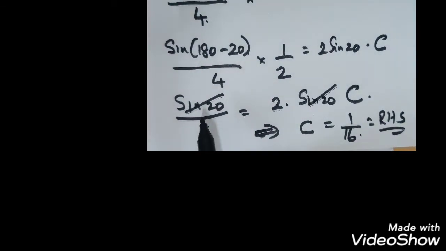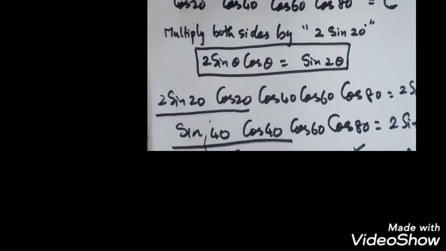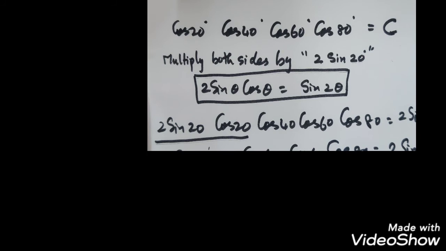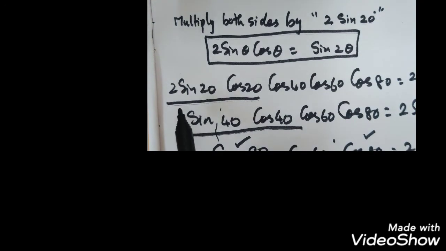So the reason we call it a catalyst method is because in the beginning there was no sine 20 at all, and you notice that we multiplied both the sides by 2 sine 20. We introduced sine 20 as our catalyst so that it hastens the process and helps us to get this.